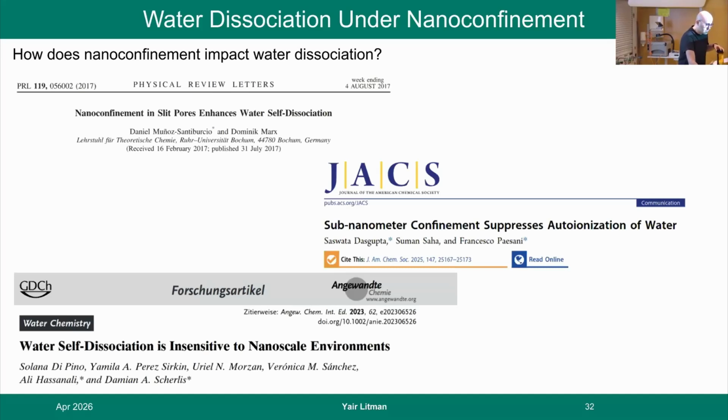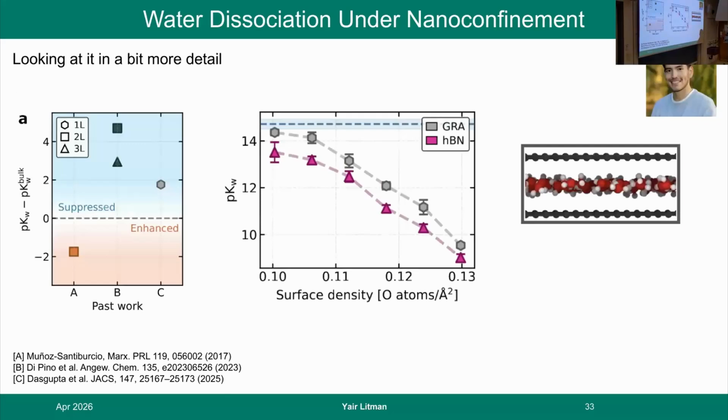So here, yeah, this was the work done by Xavi when I was in Cambridge. So basically, this is a graphical summary of those past works. It can decrease or increase the pKw by a few orders of magnitude. And what we noted quite early is that when you have this sub-nanometer nano-confinement, people normally, in most of the cases, let this height relax, but they stick with some number of water molecules, and this is not properly equilibrated.